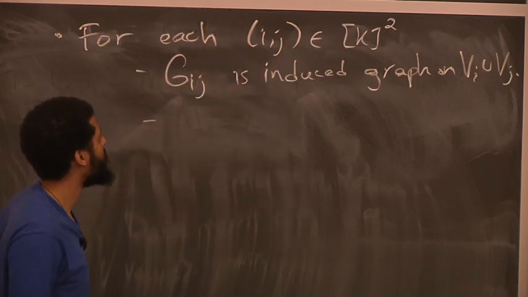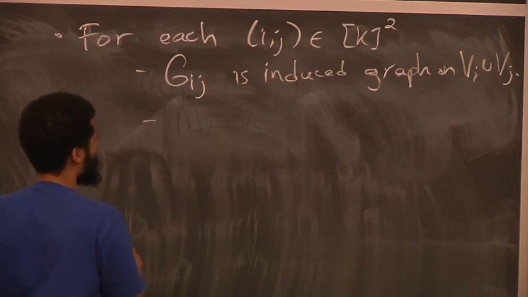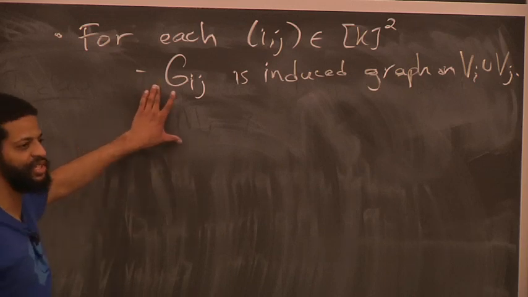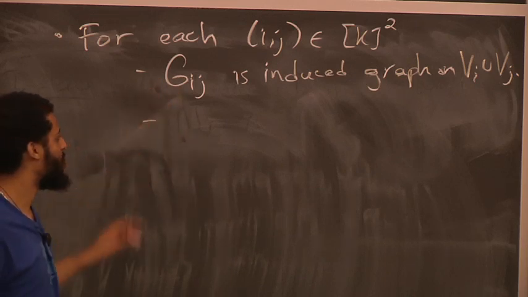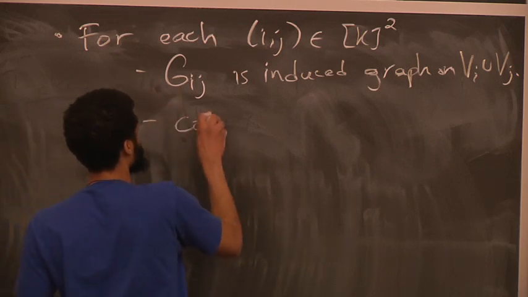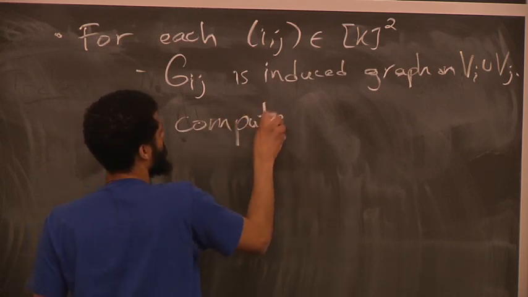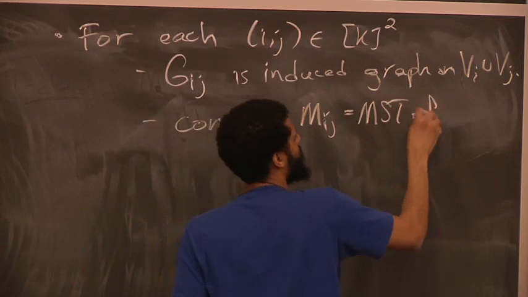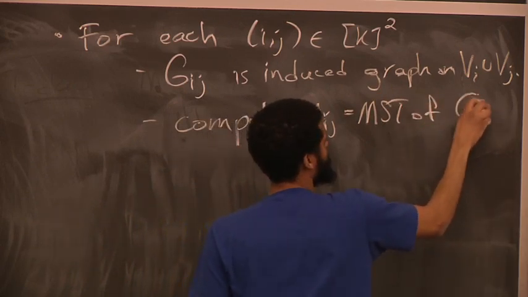And so there's going to be a reducer that gets all the edges in Gij. And the reducer is going to compute Mij, which is equal to the MST of Gij.